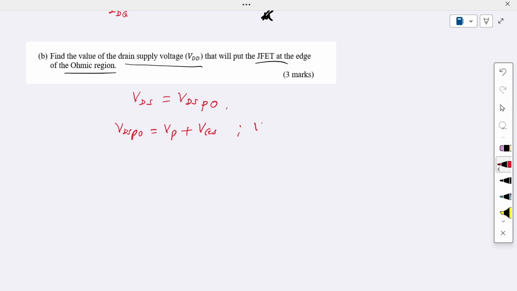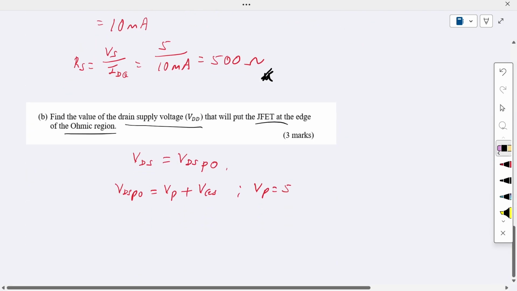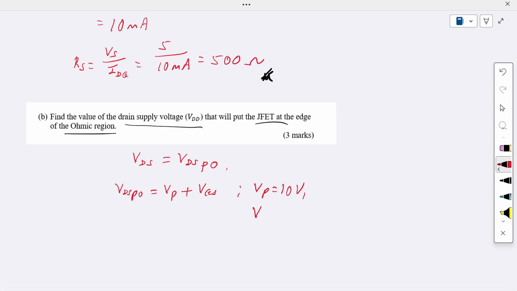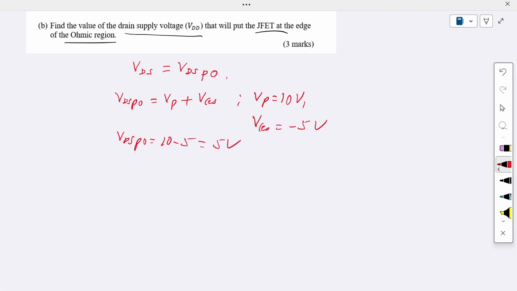From here we know Vp is equal to positive 10 volt, and VGSQ is minus 5 volt. So VDS pinch-off is equal to 10 minus 5, we get 5 volt.